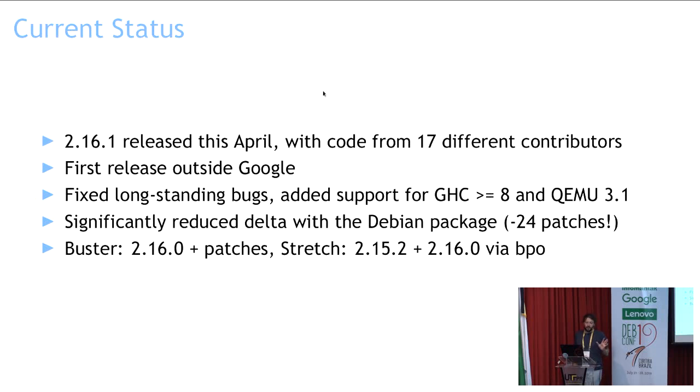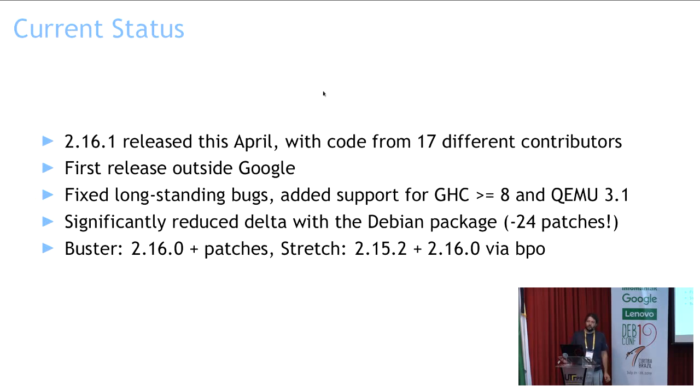So 2.16.1 basically reduced the delta with the Debian package a lot. It removed 24 patches from the package, which were merged upstream. And this got us to Buster. Unfortunately, it was too late to get 2.16.1 in Buster, so the package in Buster is still the heavily patched 2.16.0.